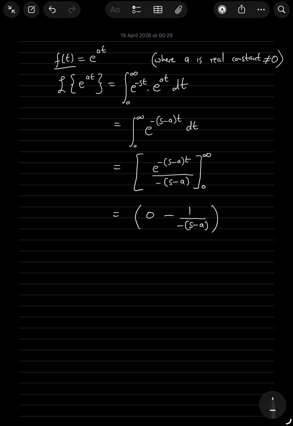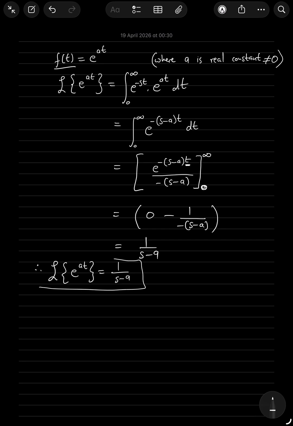Because if you substitute 0 where there is t here, you're going to get e to the power 0. We know that anything to the power 0 is 1, so that's why you're getting this one here. And then this simplifies to 1 over s minus a. So now we know that the Laplace of e to the at is equal to 1 over s minus a, right?